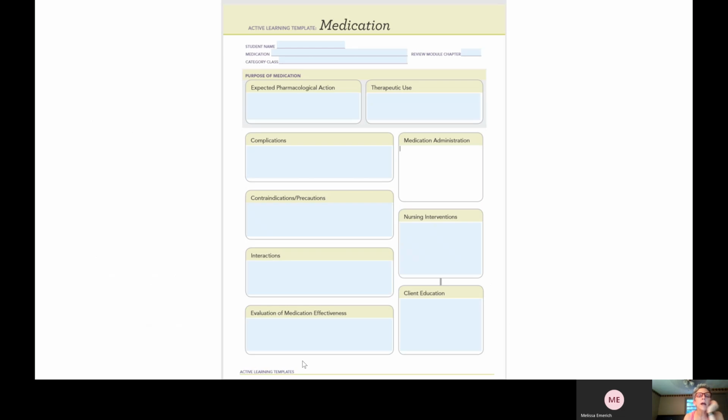Again, if you hadn't had a medication format previously, because when I was putting this together, we were looking at students who may not have had pharmacology yet. So I wanted to have a template that you could use to start collecting information. And so as with everything else, you put the medication.